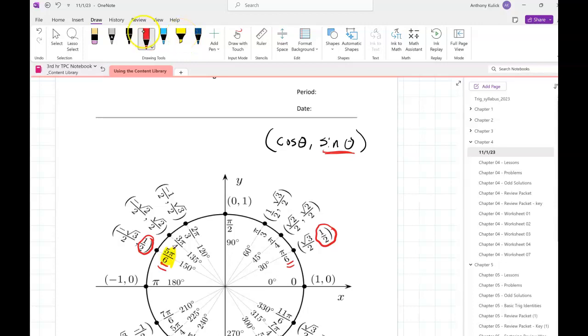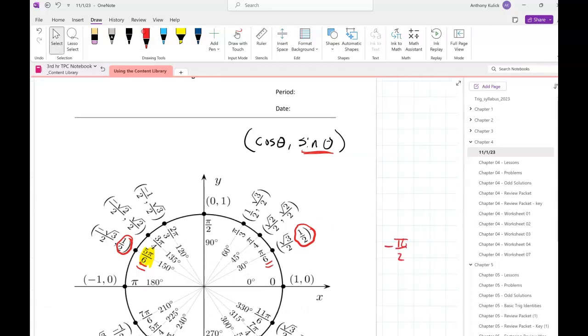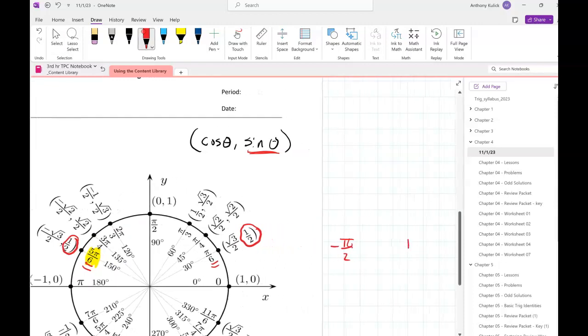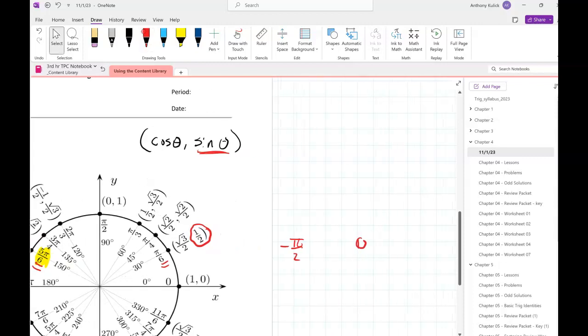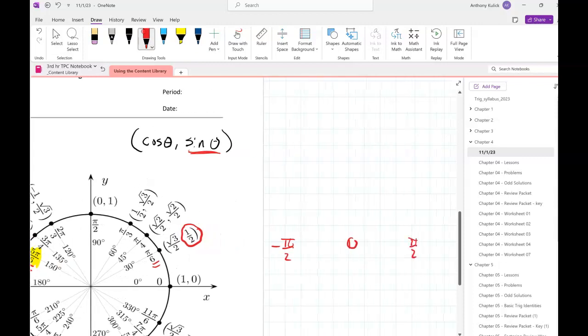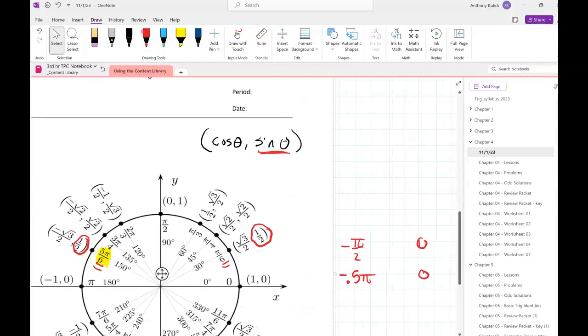Is that between negative pi over 2 and positive pi over 2? If you can't tell, what if we think about it as decimals? 5 pi over 6 is like 2.6 or something, and pi over 2 is about 1.57.